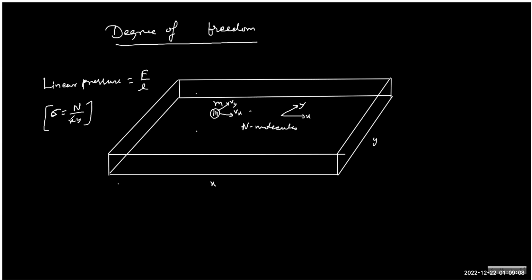Sigma, you can name it sigma, surface density. And you can define n by xy as sigma. So your question is, can you derive the new formula of pressure? That's your question.